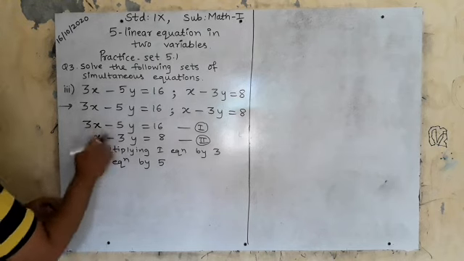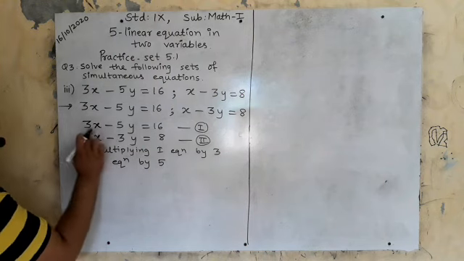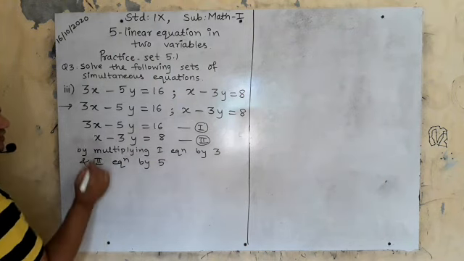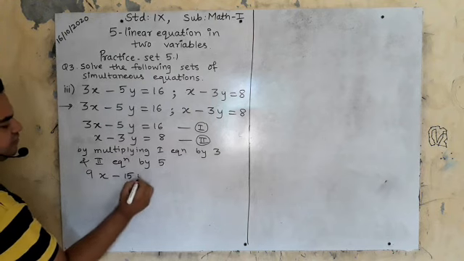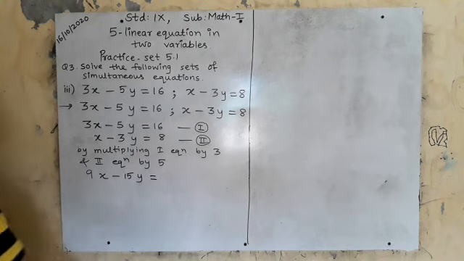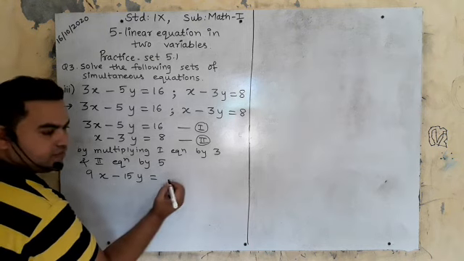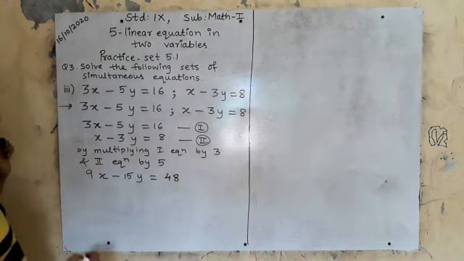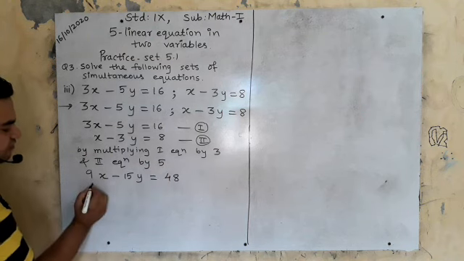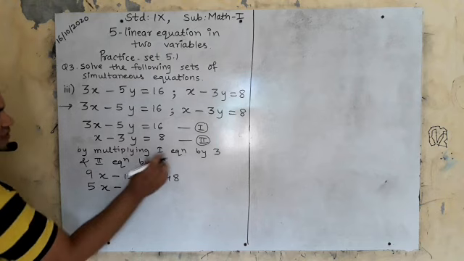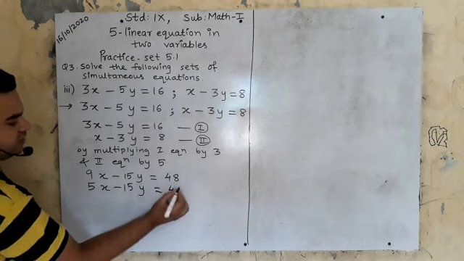So the first equation by 3: 3 3s are 9x, 3 5s are 15y, and 16 3s are how much? 16 1s are 16, 16 2s are 32, 16 3s are 48. Now the second equation by 5: 5 1s are 5x, minus 5 3s are 15y, 5 8s are 40.